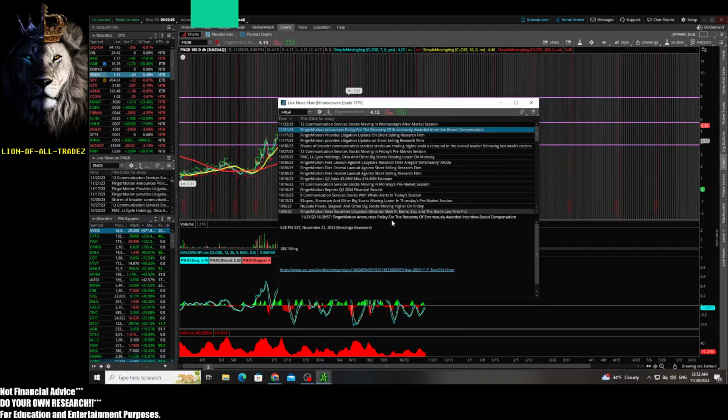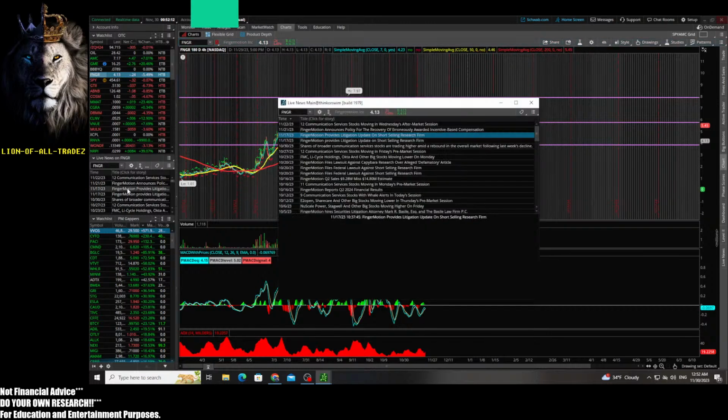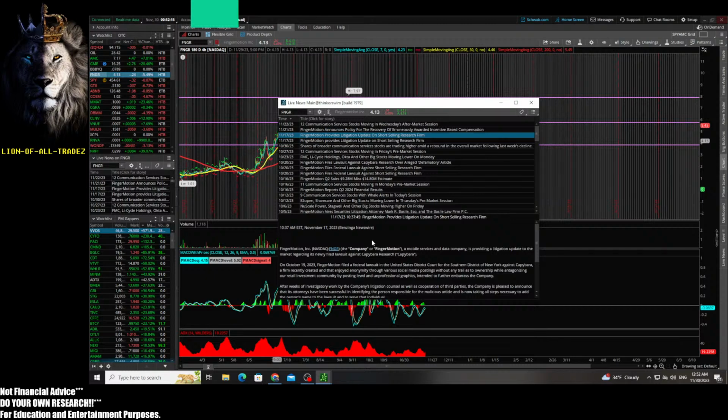Finger Motion announces policy for the recovery of erroneously awarded incentive-based compensation. On the 17th here, Finger Motion provides litigation update on short-selling research firm.